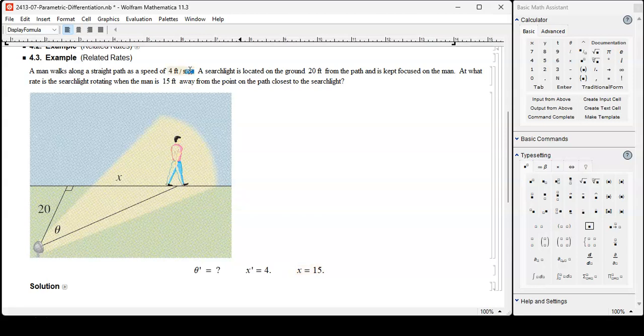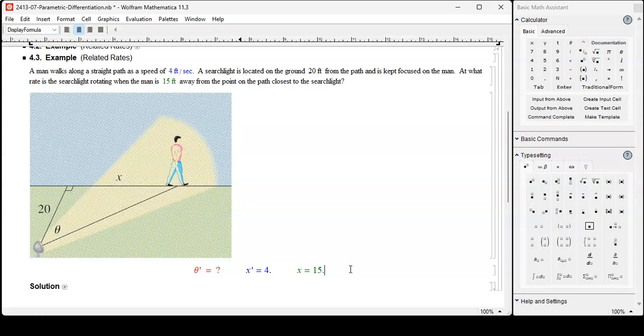So, this is the speed of the man, and then the distance he traveled so far, 15 feet away, and then the angle. Well, looks like that's the structure.